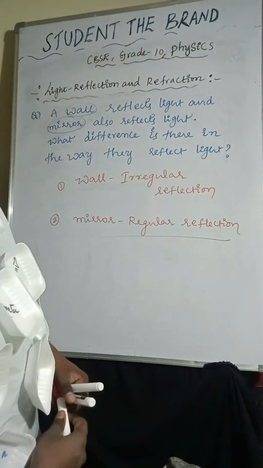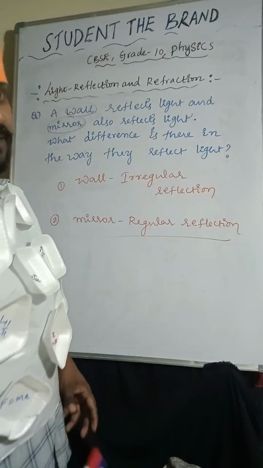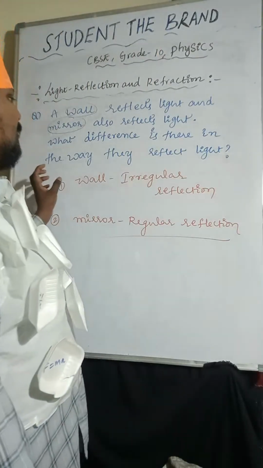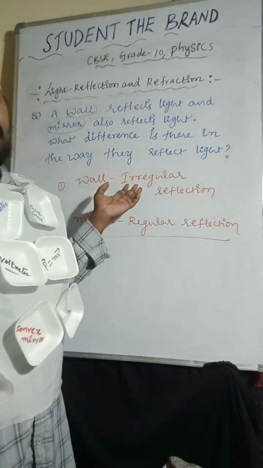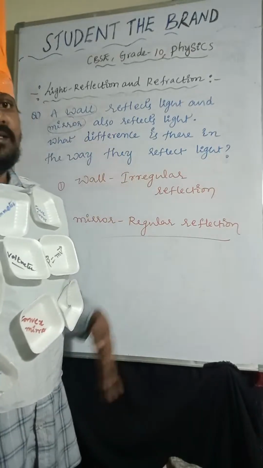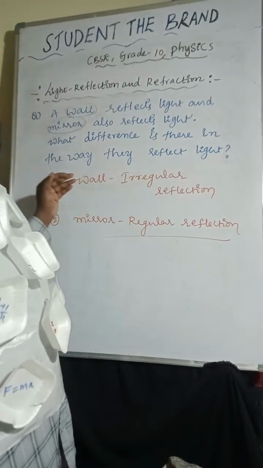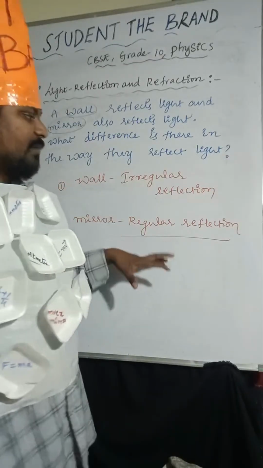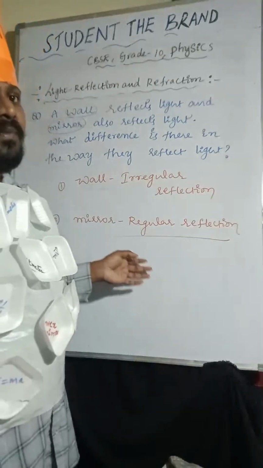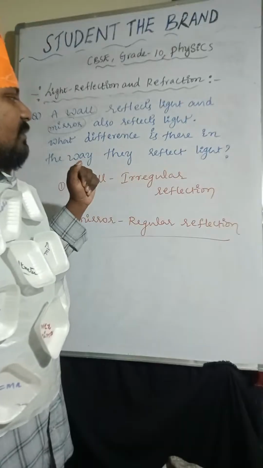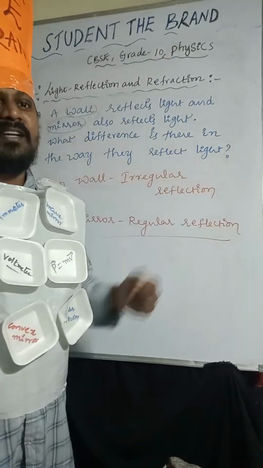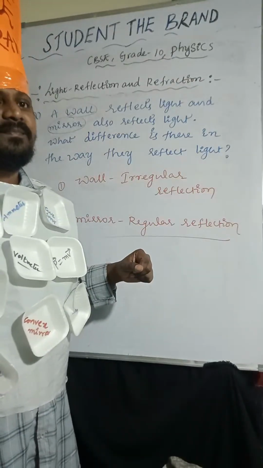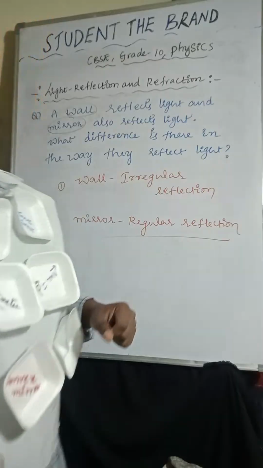On the mirror, regular reflection takes place. That is the difference in the reflection of light in these two cases. Regular means the incident beam is parallel and the reflected light rays are also parallel. But for the wall, the incident beam is parallel but the reflected light rays are not parallel to each other. Clear?